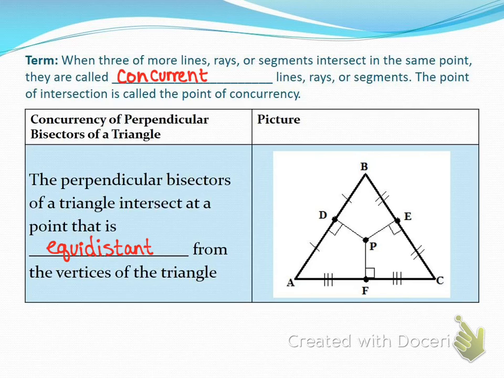So it might be easier to write it out in a statement instead of drawing it. This is saying that AP is going to be congruent to BP is going to be congruent to CP.